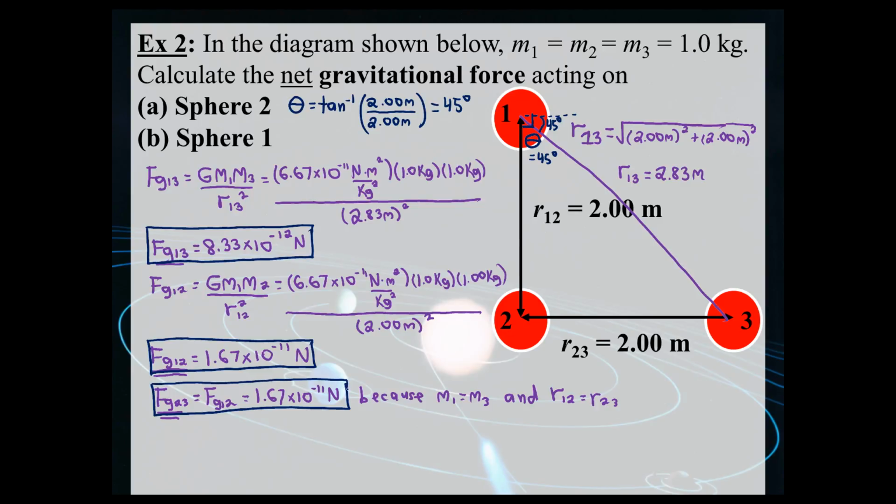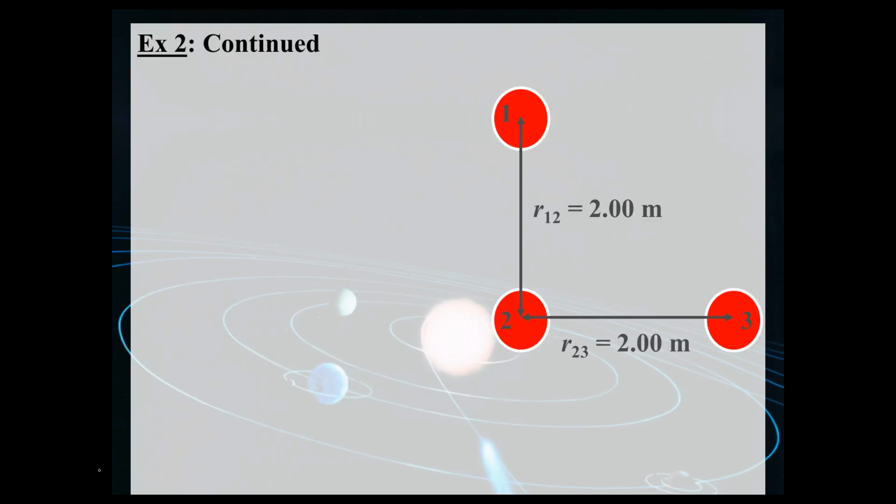Okay, so let's figure out the net force on 2. So we're going to start off by drawing a free body diagram of number 2. Now, if you're in the place of sphere 2, let's pretend that number 3 doesn't exist for a second.